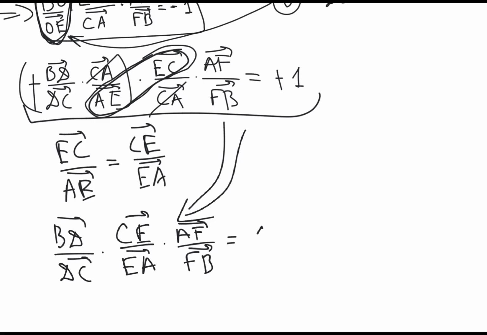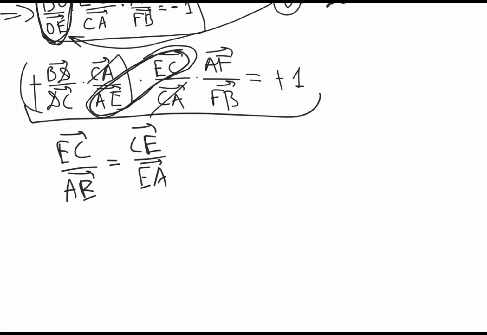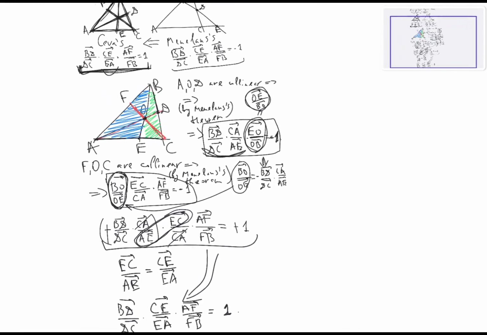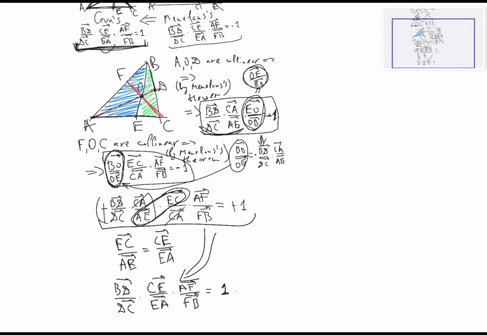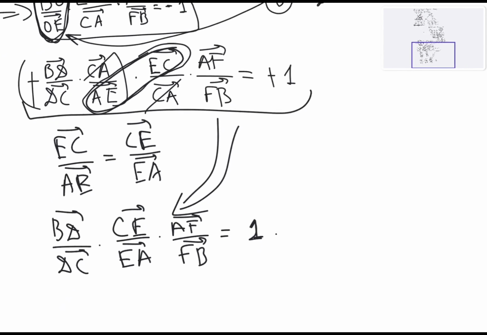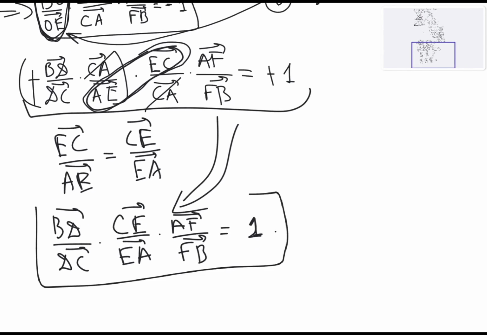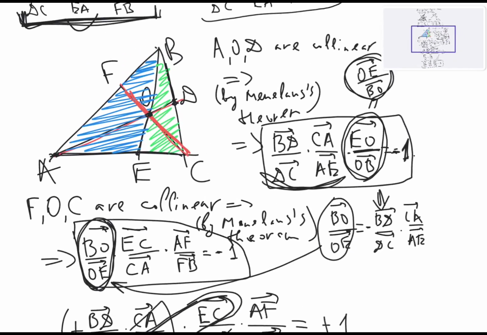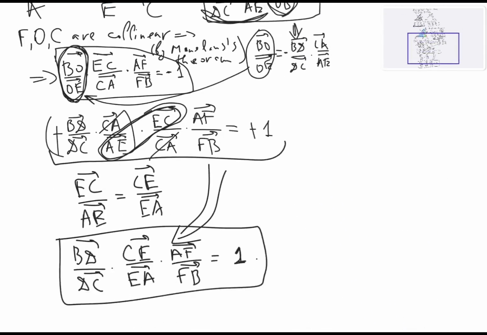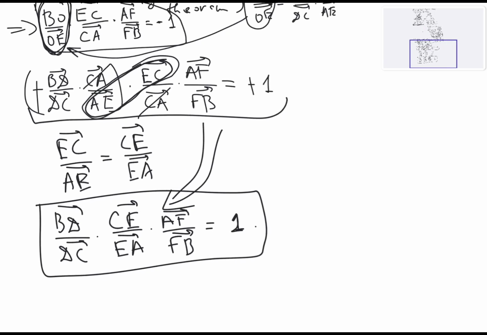This is equal to 1. And this is exactly what we needed. So this equality is exactly what is claimed in the Ceva's theorem. So that concludes the proof.